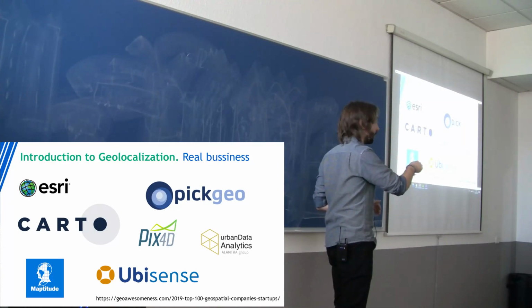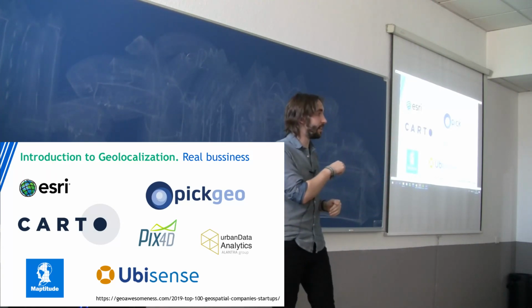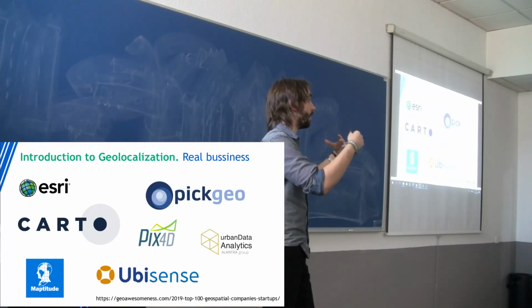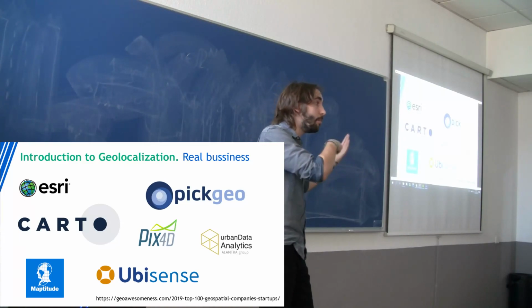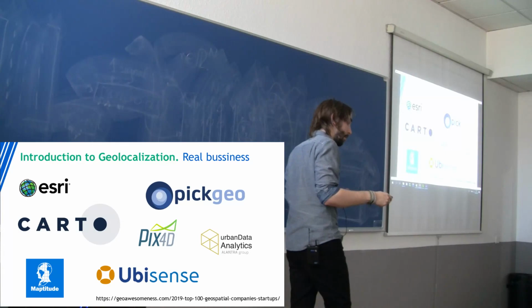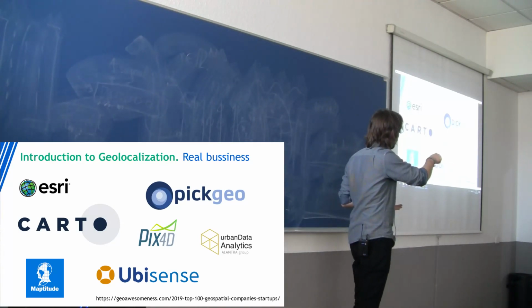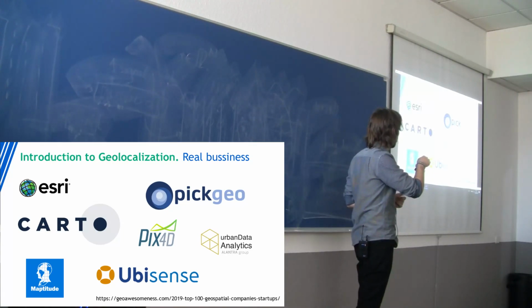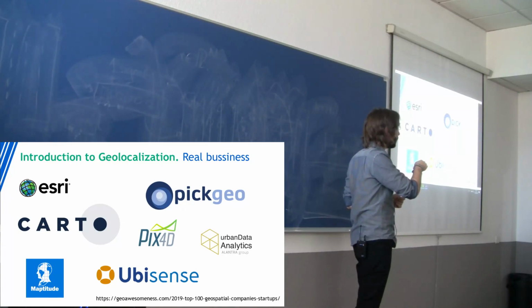This is the case of Carto. Carto is a Spanish startup, and they just work with geographical data. They are consultants, and they help other people just with geographical data. That's how important this job is. Or what I already showed, Picgeo, which is the startup that we co-founded, or Esri worldwide. This one is also the same.